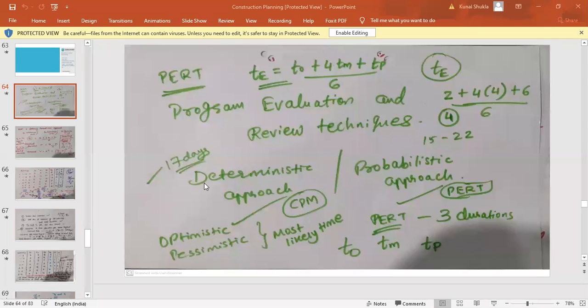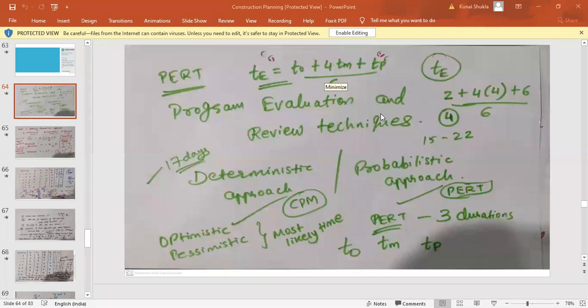So that is basically called a range of the activity period. It might take 5 days, it might take 7, 9, 11, 13 or 15, but it will not be more than 15.